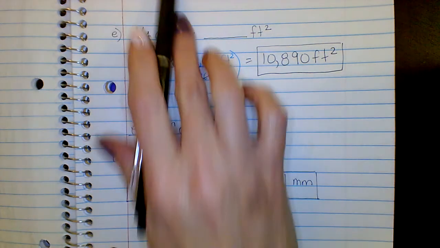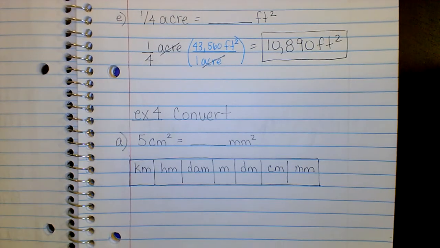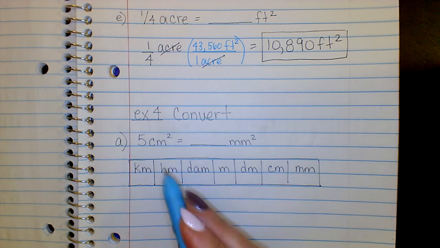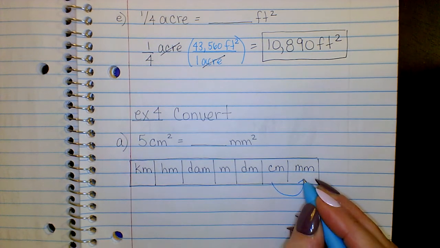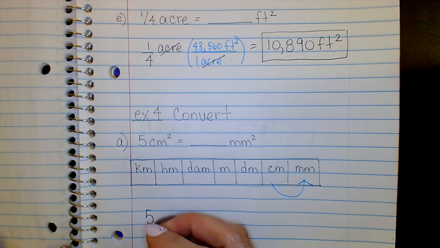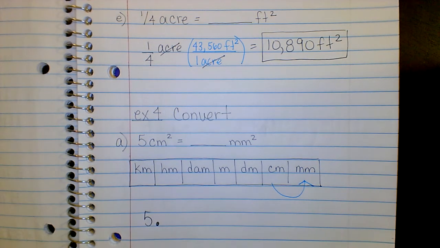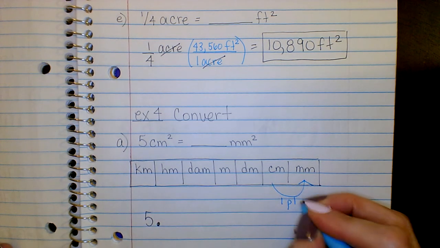So the equivalent of squaring these is going to be to double the place values. So centimeters to millimeters is just one place to the right. So we know that 5 has a decimal point right here. So it's one place to the right.